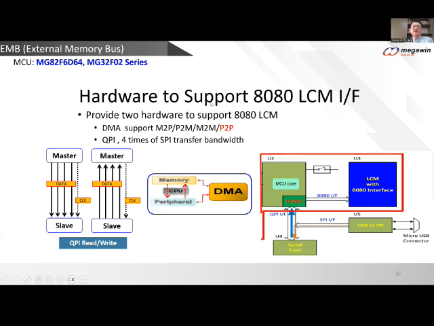This is one feature of the EMB, and the other feature of the EMB is to use the EMB to drive the 8080 LCD interface. It means you can use the EMB bus to transfer all the data to the LCD.